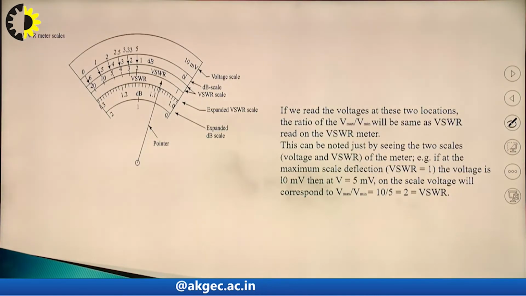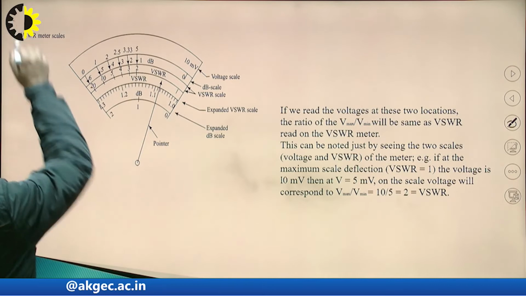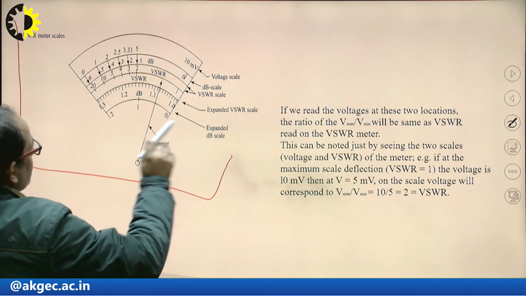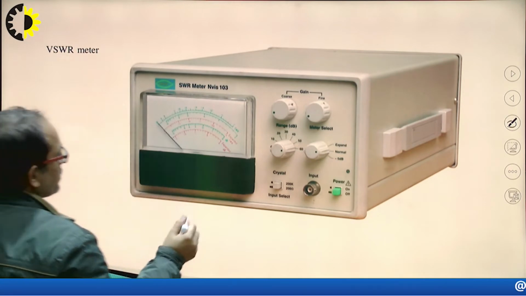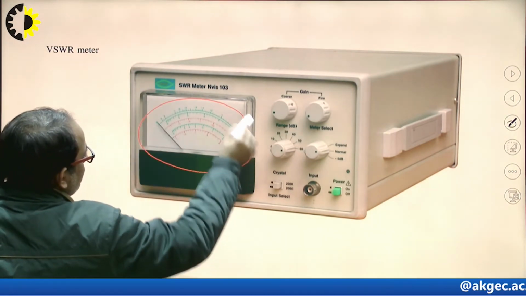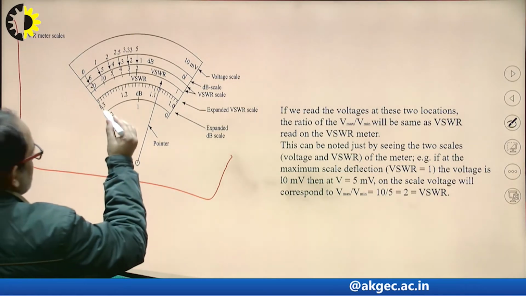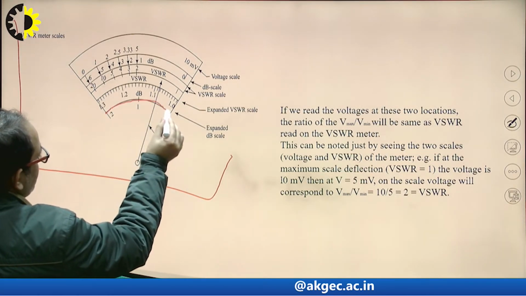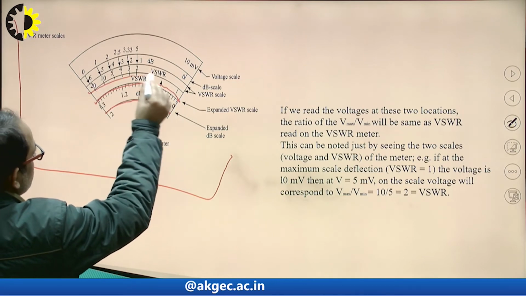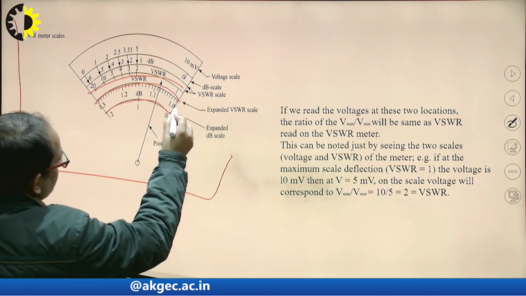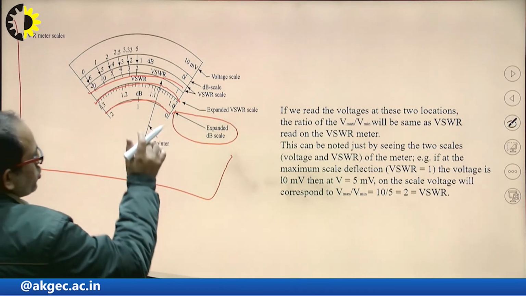Now see this one. This is a VSWR meter scale, and this figure shows the VSWR. You will see here that the first one is this scale, another one is this one, third one is this one. First one shows the expanded dB scale. In decibels it is showing the scale.